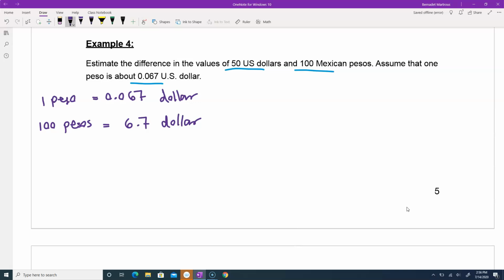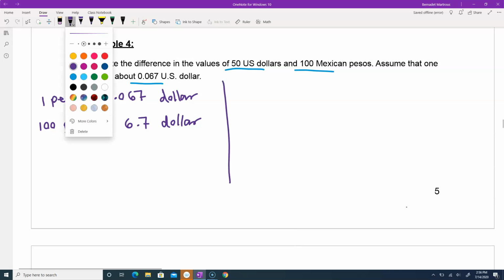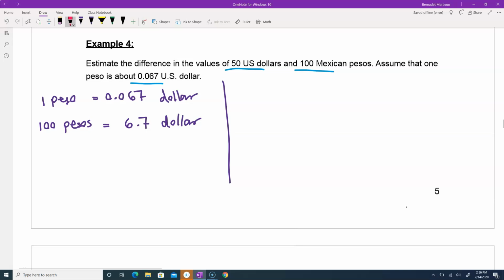We can directly round that one here to have $7, or we can round at the end. So let's round at the end.